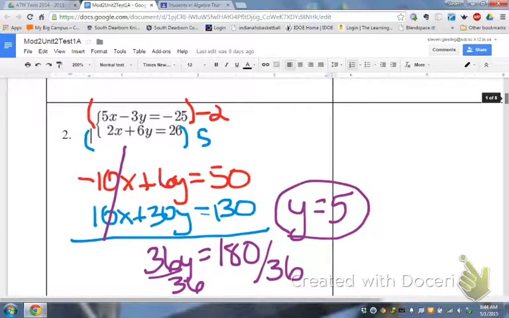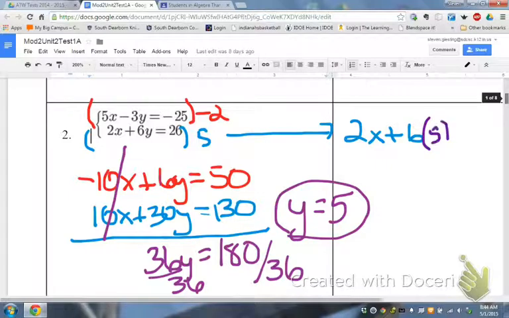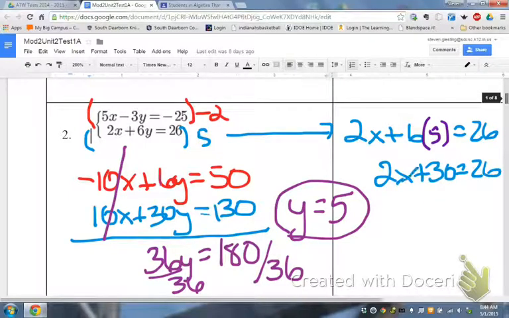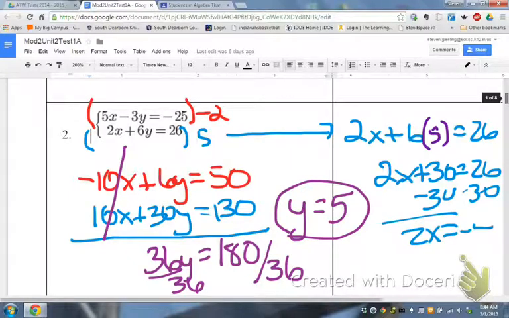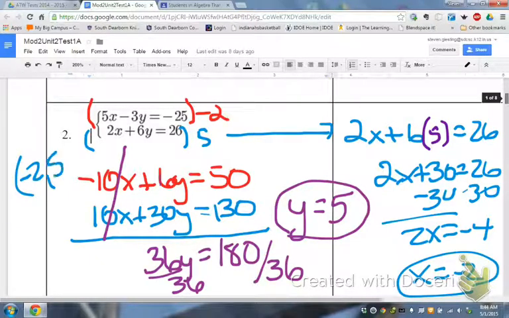I'm going to plug it into this bottom equation. 2x plus 6, and again, y is 5, so I'm going to put my 5 in for y. That equals 26. 2x plus 30 equals 26, because 6 times 5 is 30. Take away the 30. 2x equals negative 4, and thus x equals negative 2, and my ordered pair answer is (-2, 5).